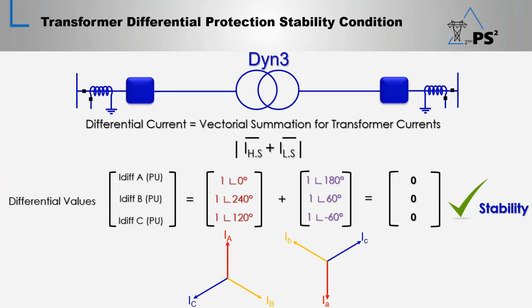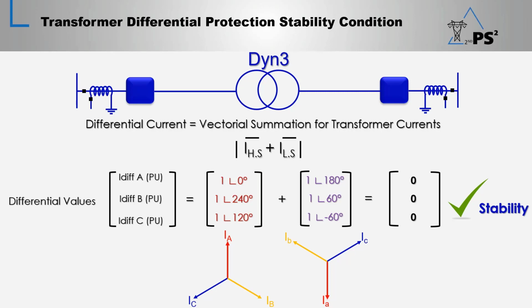So if we would like to get the differential values, it will equal the vectorial summation of the transformer currents of the high voltage side and low voltage side. So in this case, 1 angle 0 plus 1 angle 180 degrees will equal 0. And for the next phase, 1 angle 240 plus 1 angle 60 will equal also 0.